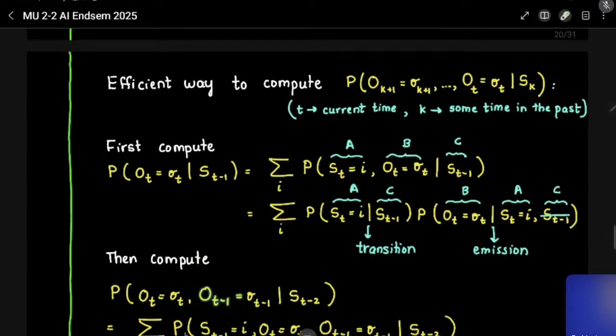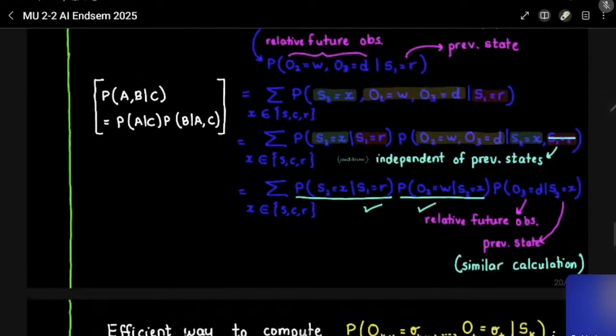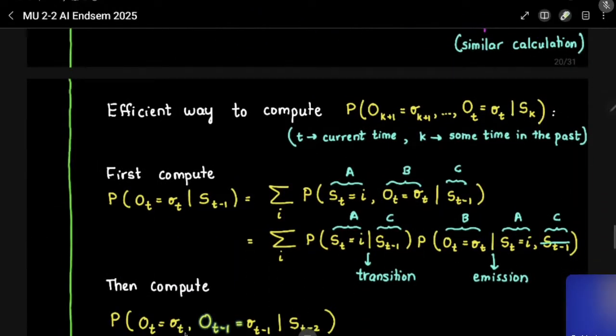So here also I will be splitting. You have A, B, C: probability of A given C, B given AC. This one, I'm using this one. And here again you have the assumption of output independence.